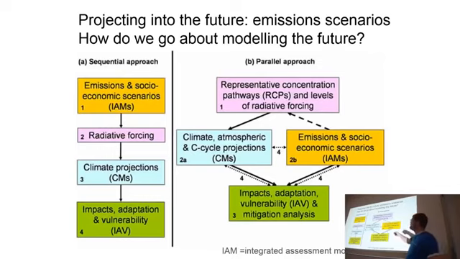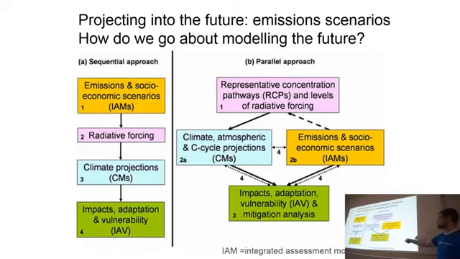And then we use the models to work out what emissions are required to meet those radiative forcings. Then that feeds into an economic model that works out what kind of economy you need to have to meet those concentrations of gases, and then how that links into how we adapt and what the impacts of that are.